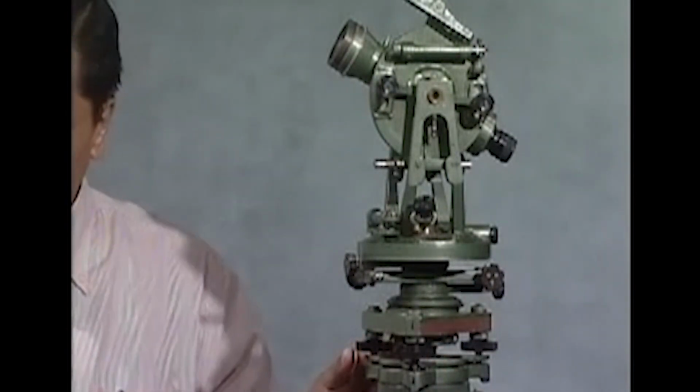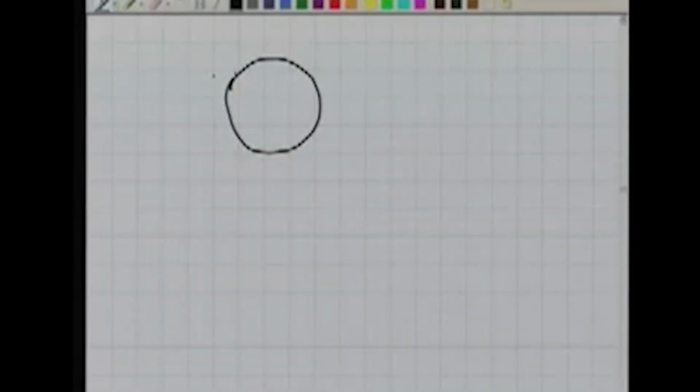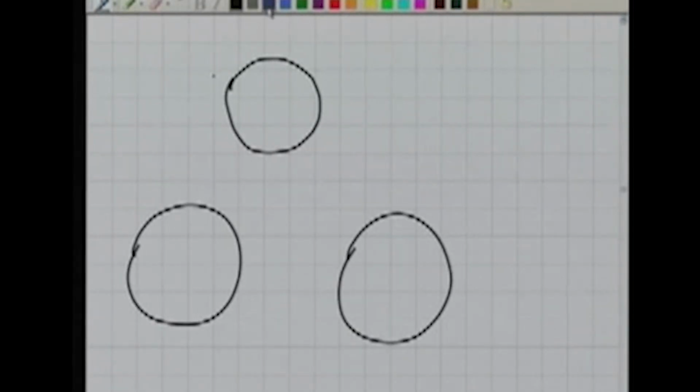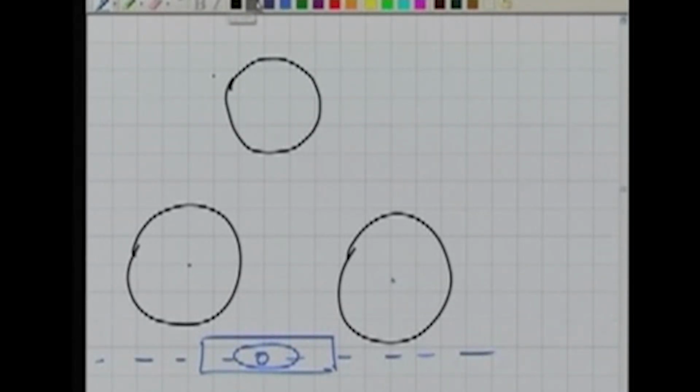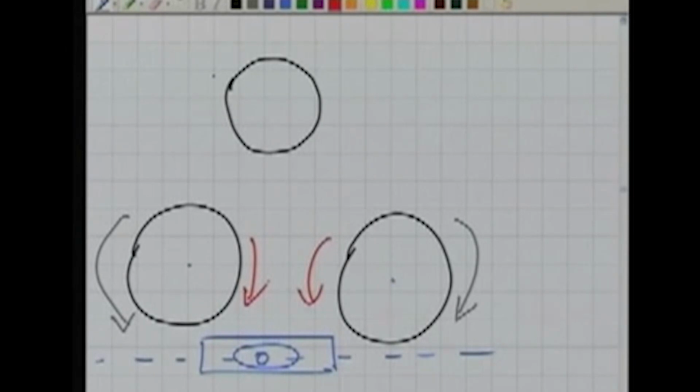If these are foot screws number 1, number 2 and number 3, the bubble tube is kept this way, parallel to these 2 foot screws.